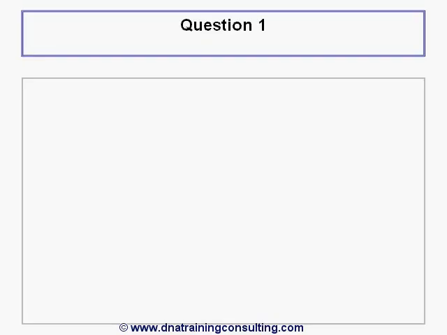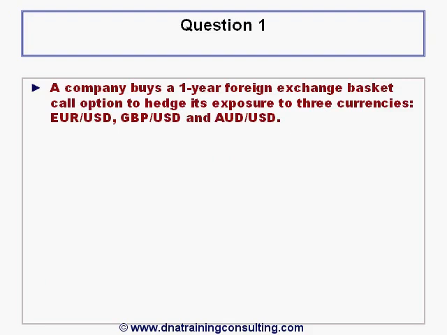Question 1. A company buys a 1-year foreign exchange basket call option to hedge its exposure to 3 currencies: Euro dollar, Sterling dollar, and Aussie or Australian dollar, US dollar.